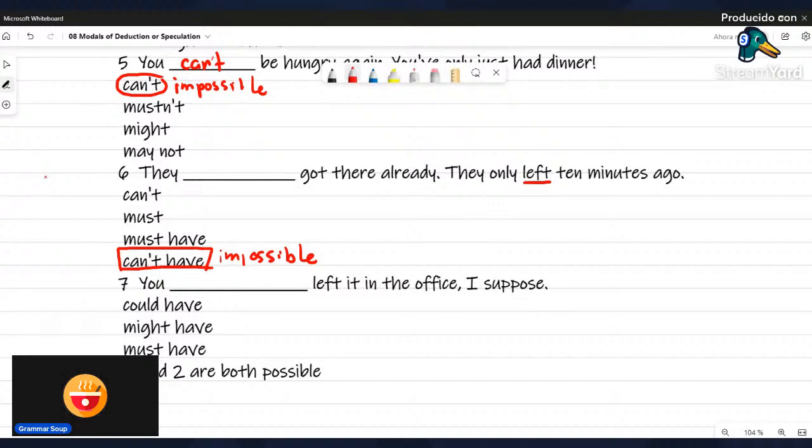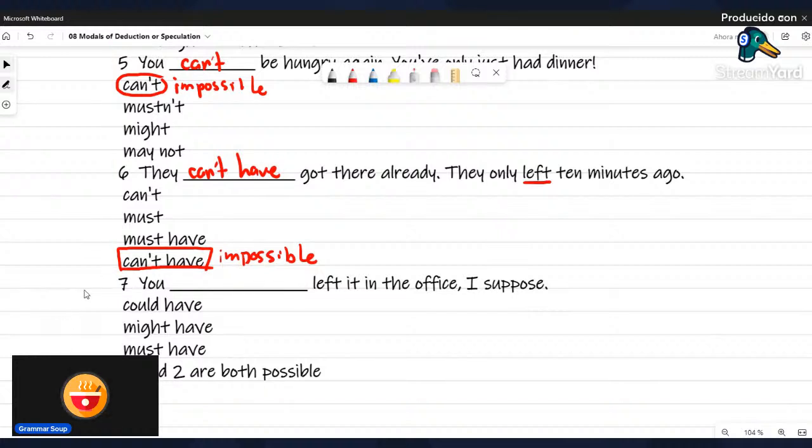So that's not possible. It's not possible that they are there already. Let's suppose this is the airport. So it's not possible they got to the airport at that moment. So that's impossible, right? They can't have got there already. So it's too early. Maybe they're gonna get there in 30 minutes more. Yes, so that's why it's can't have. We use it for impossible when you are certain that something is not happening.